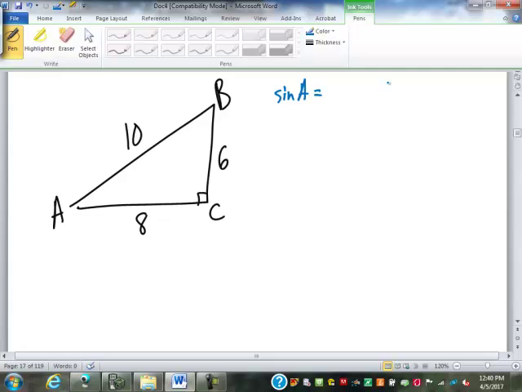If I want to find the sine of angle A, sine is what sides? Opposite over hypotenuse. Here's angle A. According to angle A, what's the opposite side? That would be the 6. The hypotenuse? 10. 10 should always be the hypotenuse. So I could leave it as 6/10, or I could do it as a decimal of 0.6 if I wanted to.